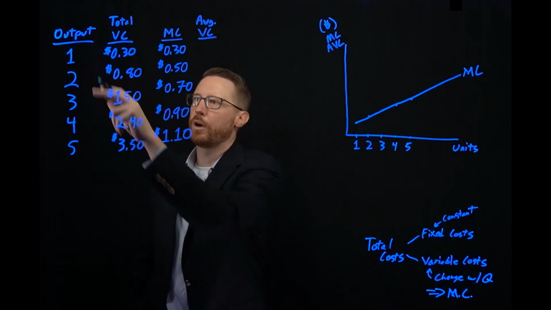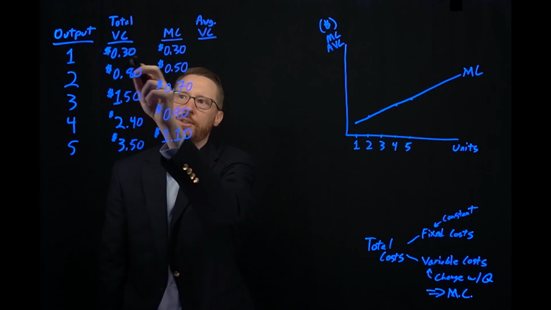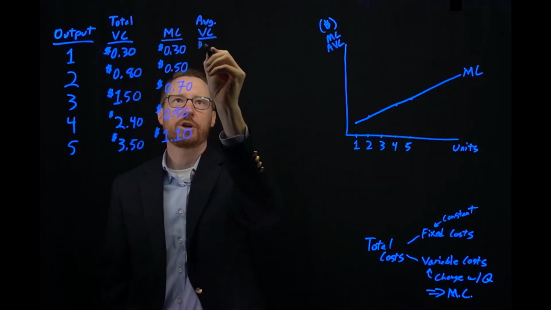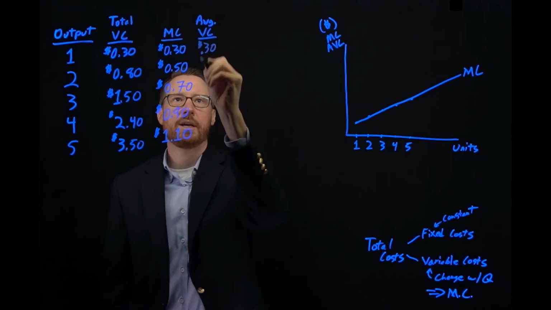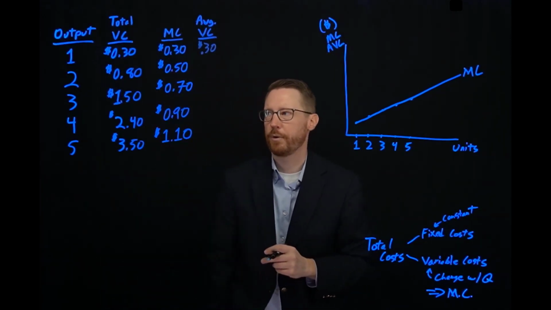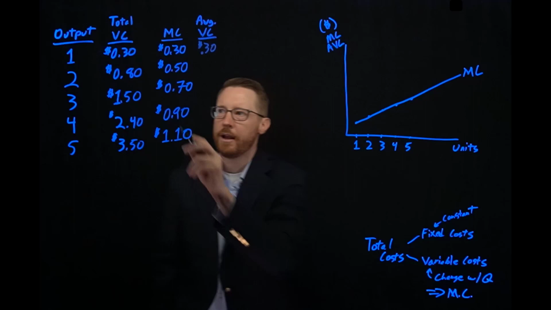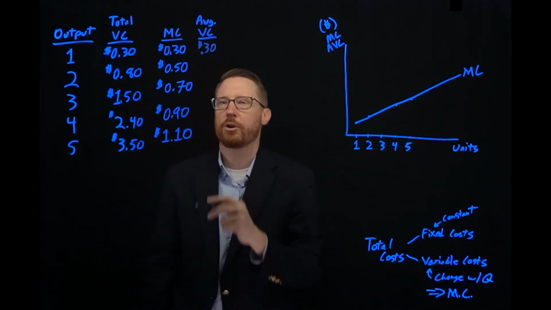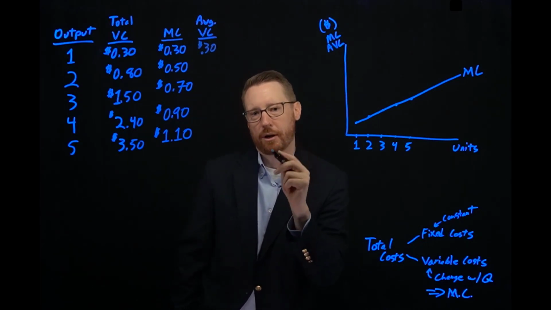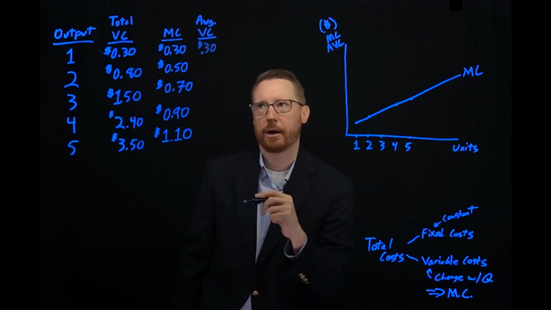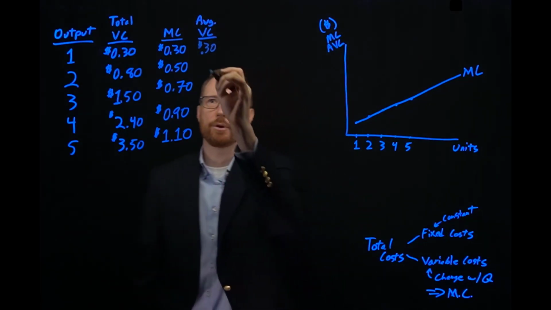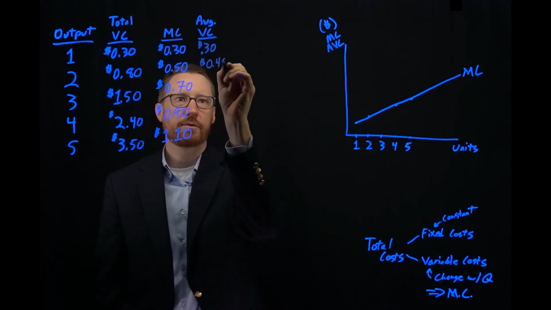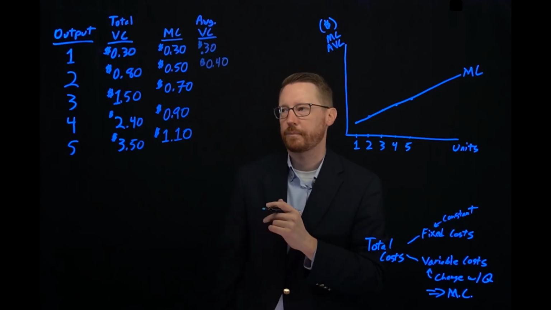All right, so to produce 1 cup of coffee, we need 30 cents worth of beans and labor. So what's our average variable cost? It's just 30 cents. If we make 2 cups of coffee, we need 80 cents worth of beans and labor. So what is our average cost of beans and labor per cup of coffee, our average variable cost? It's just 40 cents.